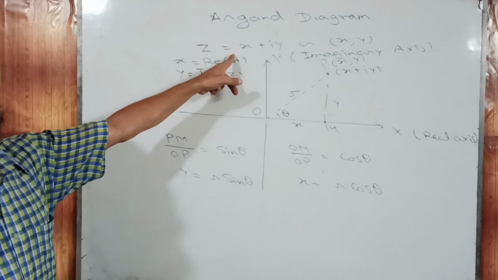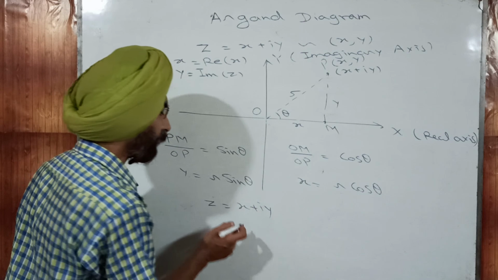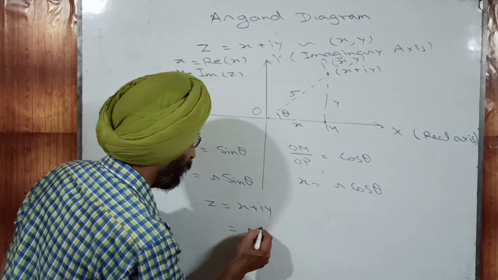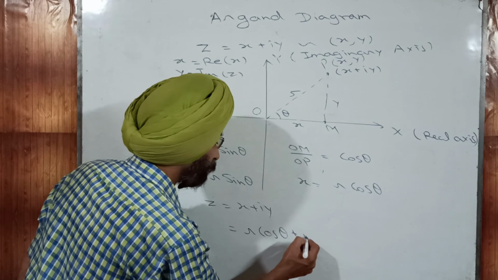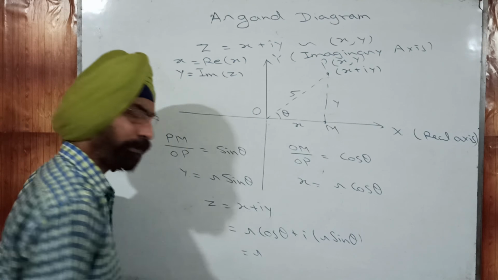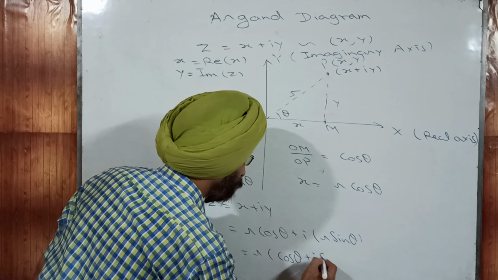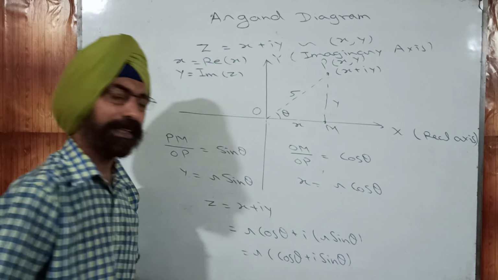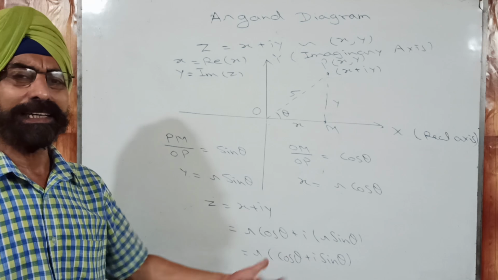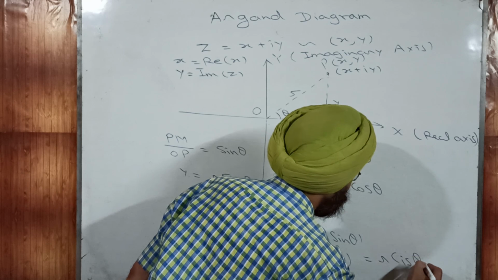Now your complex number z was x plus iota y. Substitute the values of x and y recently obtained. So what will you get? You will get r cos theta plus iota into r sin theta. So r can be taken out and it will become cos theta plus iota sin theta, and this cos theta plus iota sin theta, sometimes we write it as cis theta. So it is r cis theta.